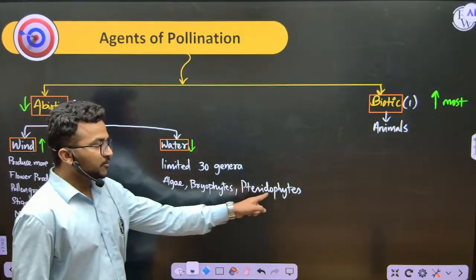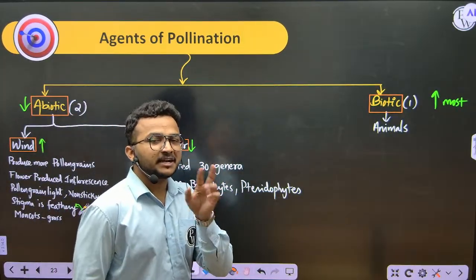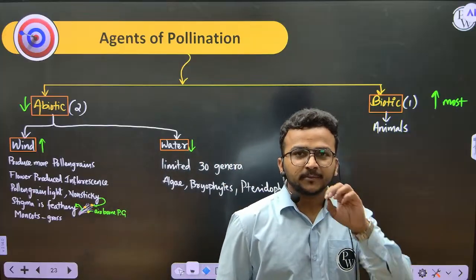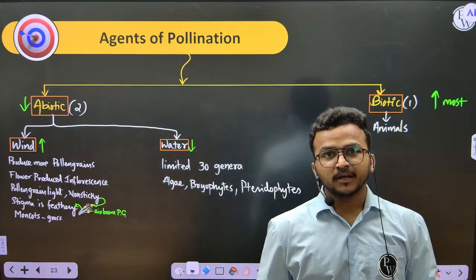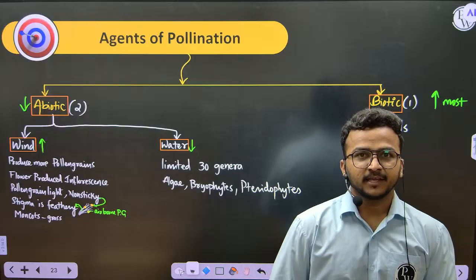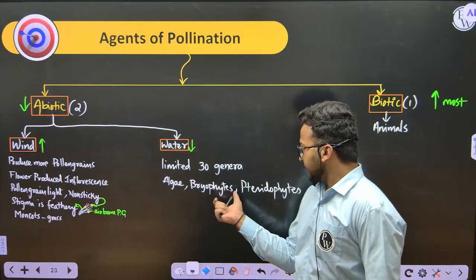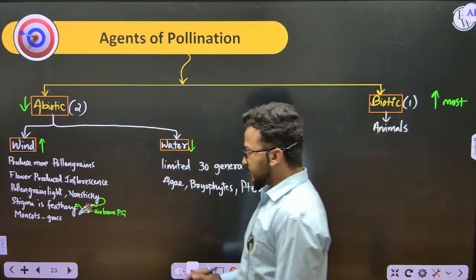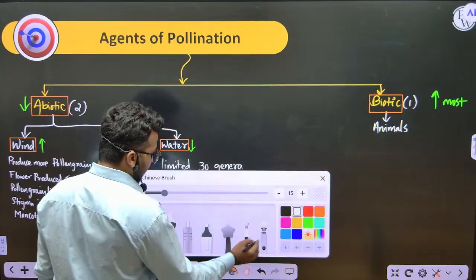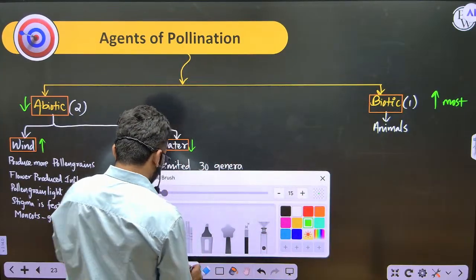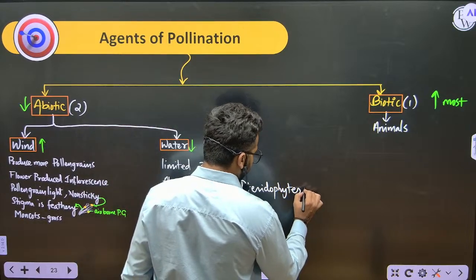They were showing not water pollination, but actually the requirement of water as a medium for fertilization. Algae, bryophytes and pteridophytes require water for the fusion of gametes. So water will be the medium in this case.